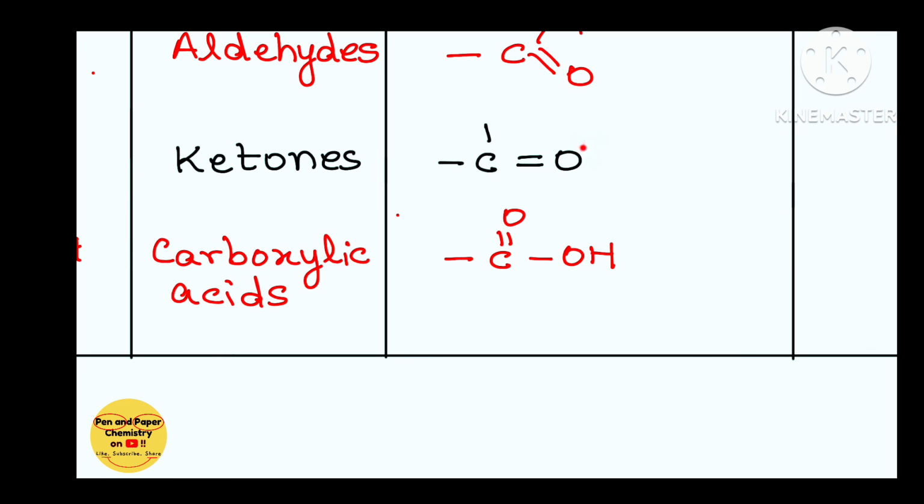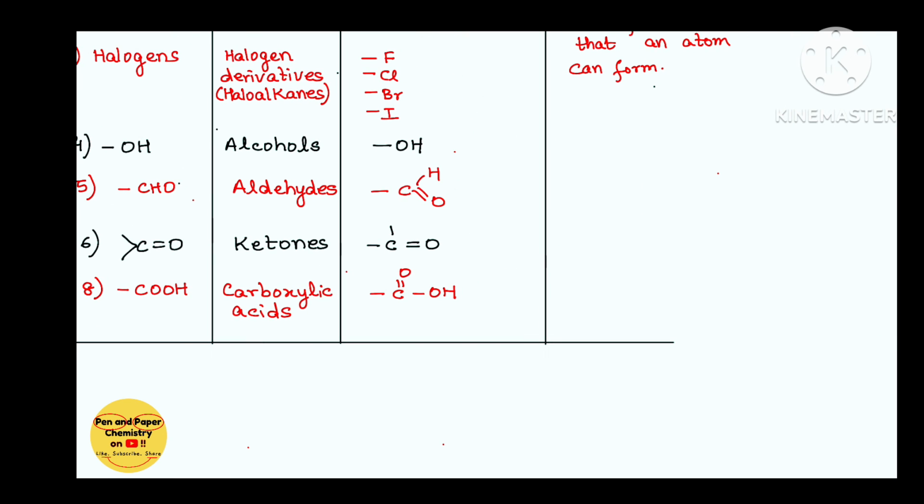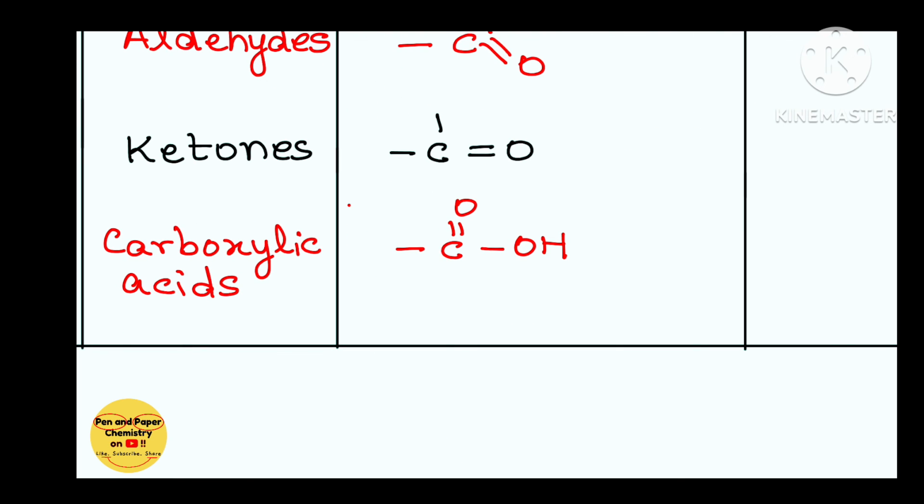Either it will form these 2 bonds with the same atom, or it can form these 2 bonds with 2 different atoms, as in the case of alcohols. So here, in the case of ketones, it's C double bond O, and there are 2 free valencies over here.